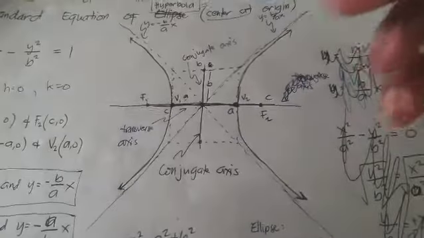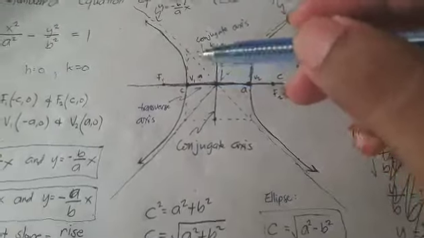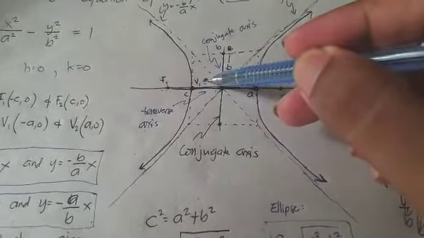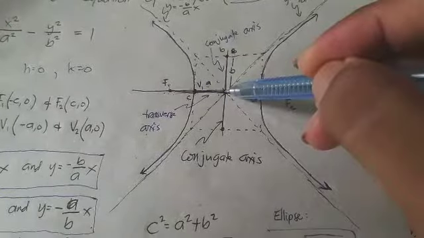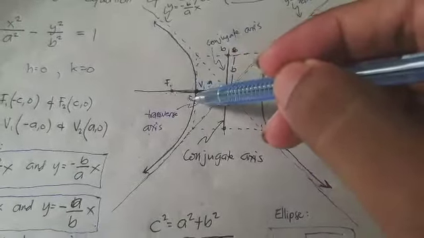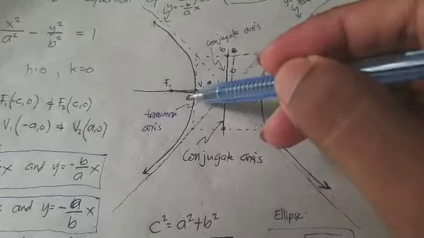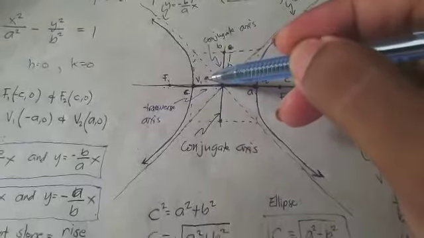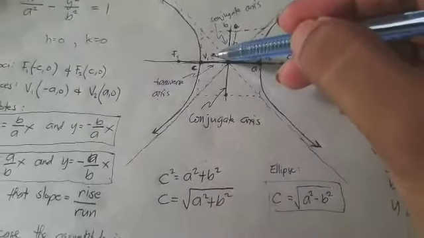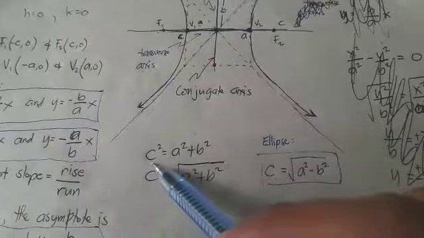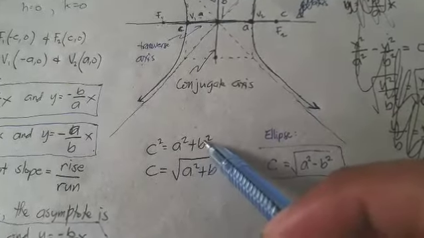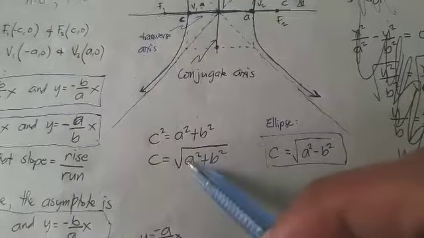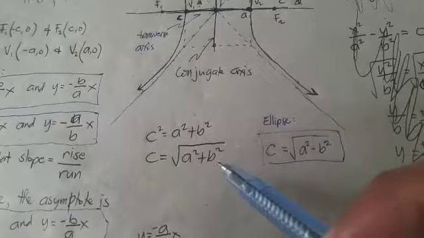But before that, try to observe that from the center to the vertex is distance a, and from the center to the focus is distance c. The distance c is longer than a. That's why, to identify the value of c, we have c squared equal to a squared plus b squared, or c is equal to the square root of a squared plus b squared.